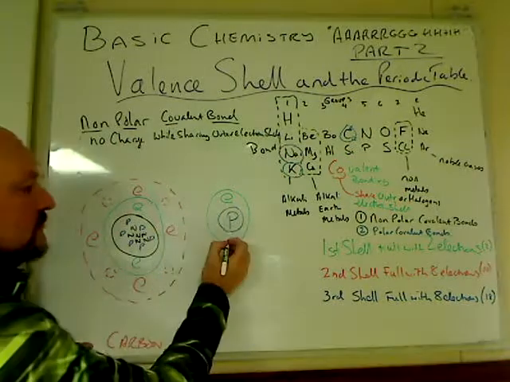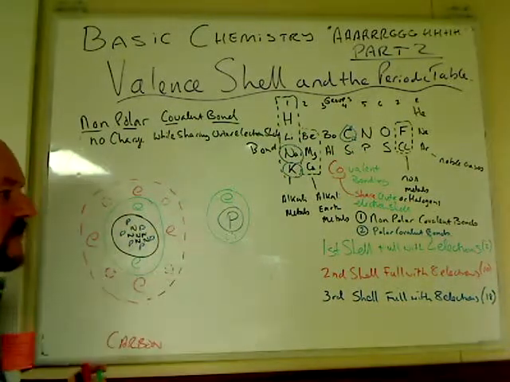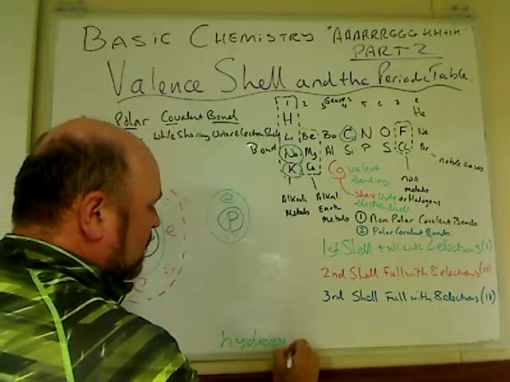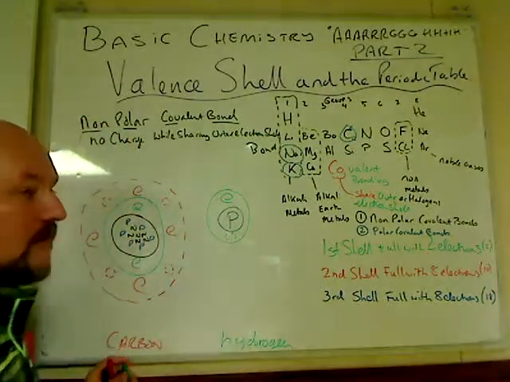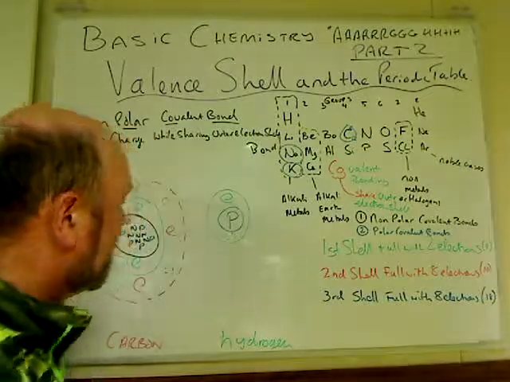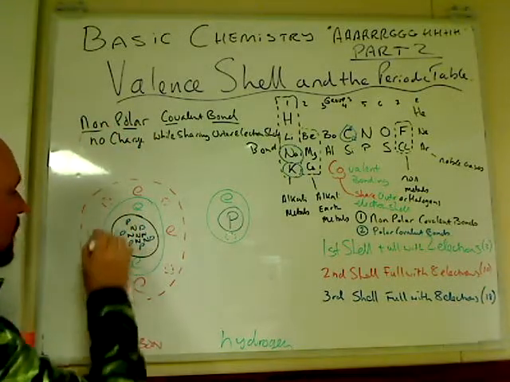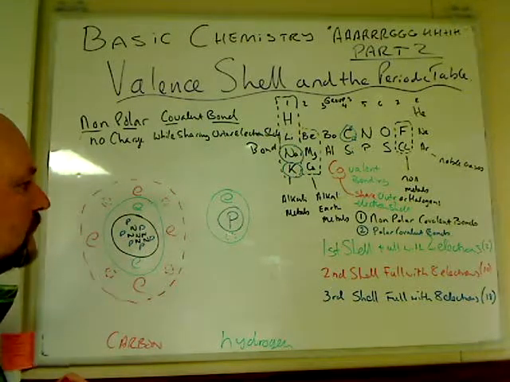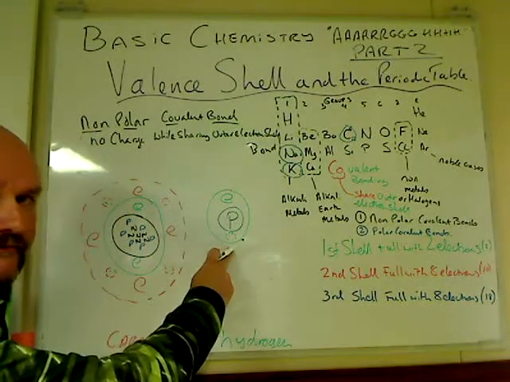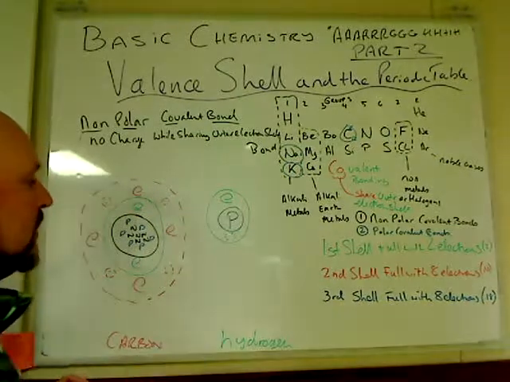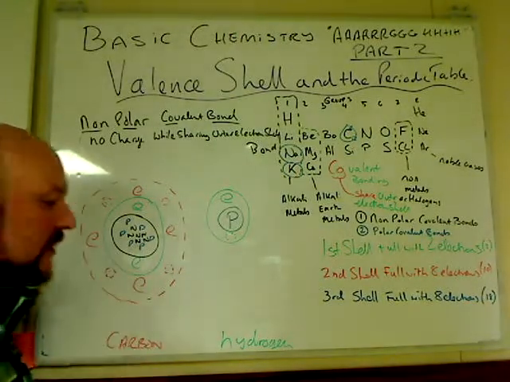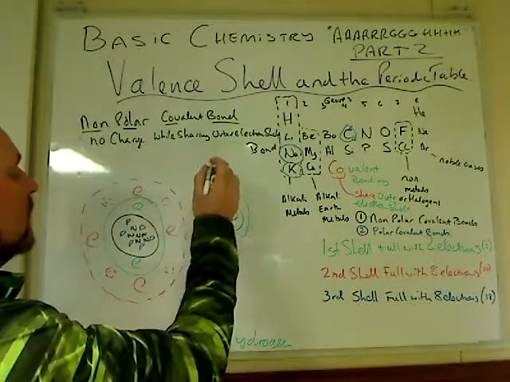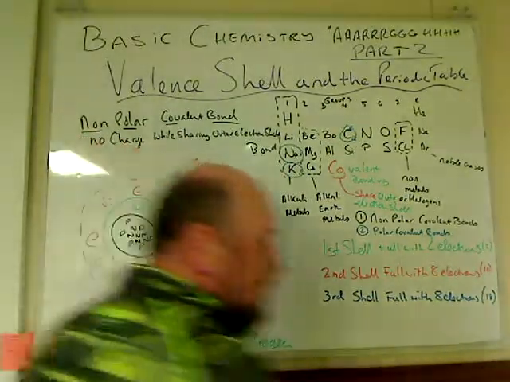So hydrogen needs 1 to become full in its outer shell. Carbon needs 4. So you're going to need more than 1 hydrogen to get this to work, but we'll just work with this hydrogen right now. So this hydrogen can come over here. I'm just going to turn this around a little bit.